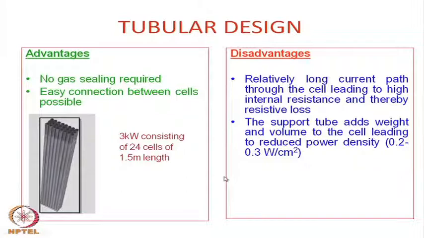So, that increases the dead weight, because as such the cathode is not taking part in the reaction, except at the interface; the rest of the material is not taking part in the electrochemical reaction. So, it is about 0.2 to 0.3 watt per centimeter square. That is more or less the power density one gets.